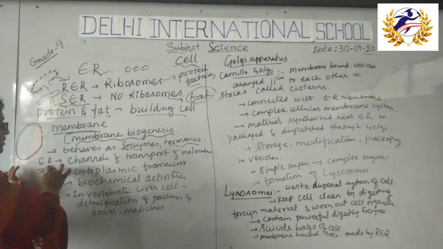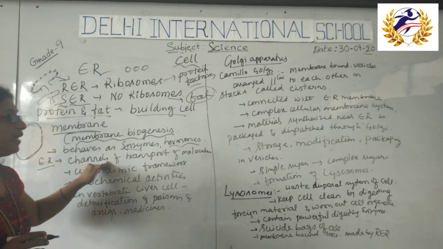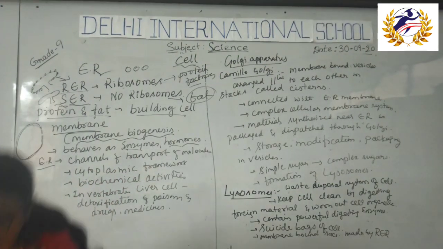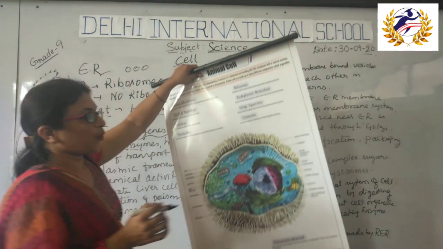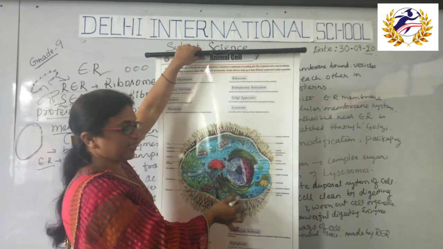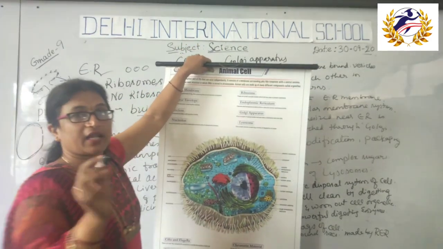And this endoplasmic reticulum also has channels for transport of molecules. We know that proteins are synthesized here in the endoplasmic reticulum, that is by the ribosomes.